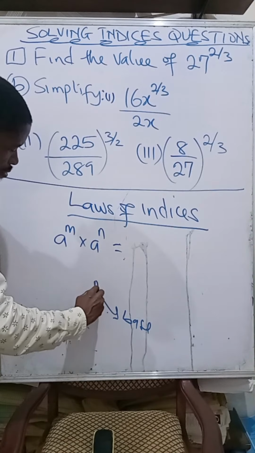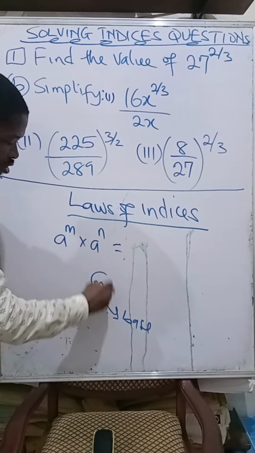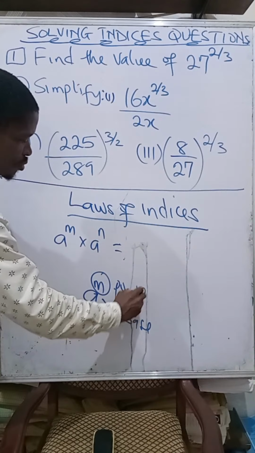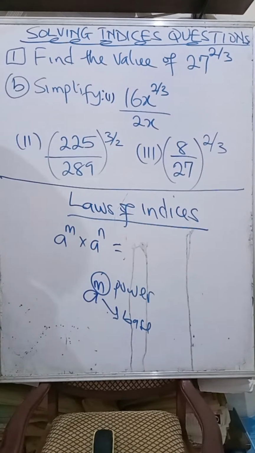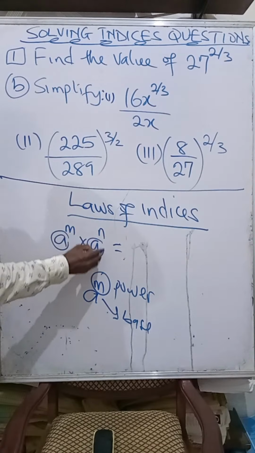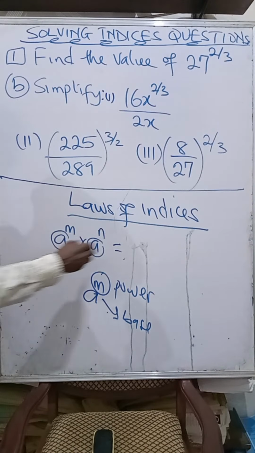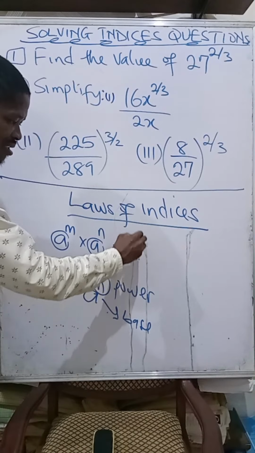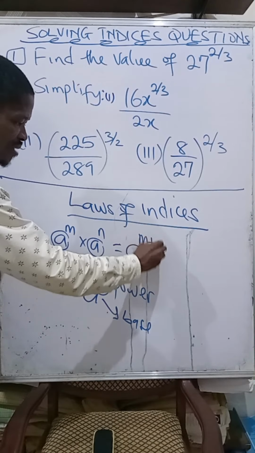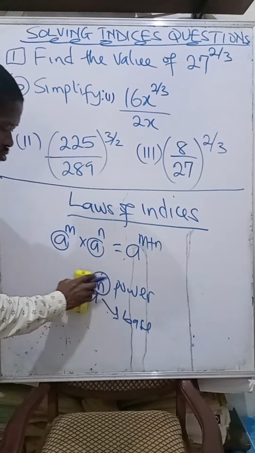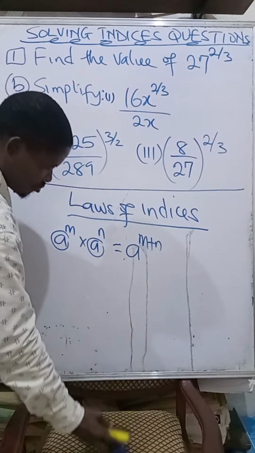The m on top is called the power or the exponent. When the bases are the same and you are multiplying, you take one of the bases, then you add the powers together. You add the exponents together.